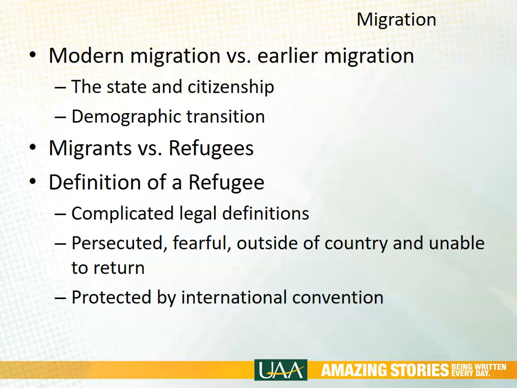There are a number of complicated legal definitions that help us to understand what a refugee is. In very broad terms, a refugee is someone who's been persecuted in the country they're coming from. They fear for their life. They are outside of their country and they're unable to return. They're protected by international conventions that have been signed by most countries around the world.